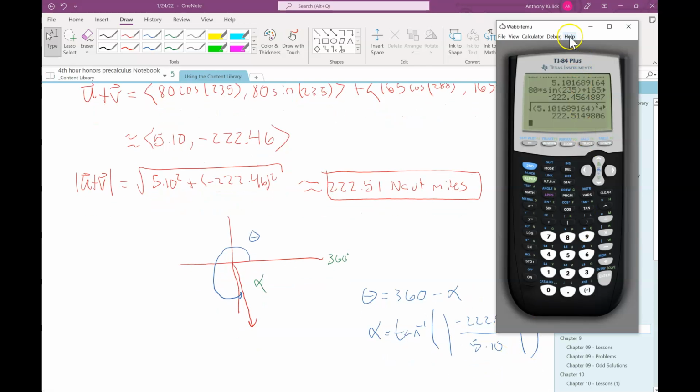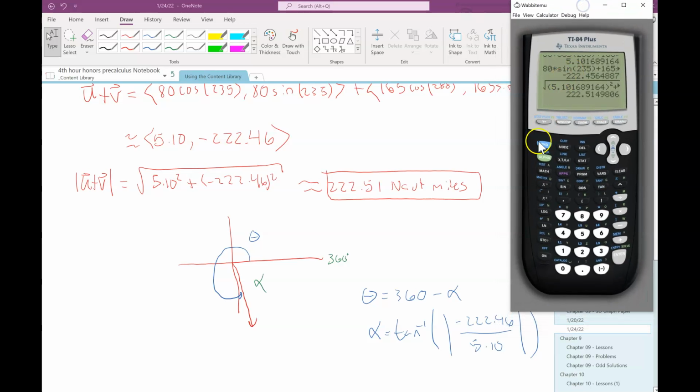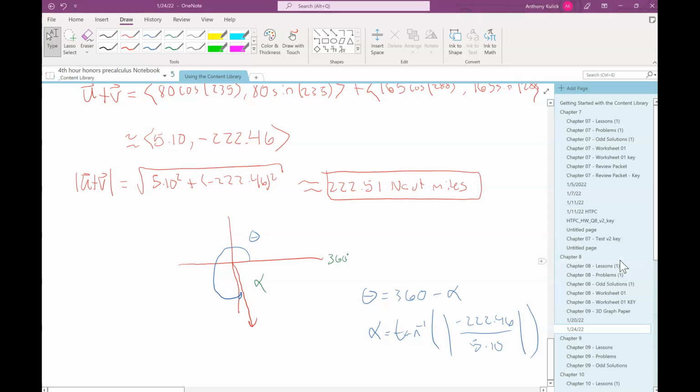So I'll just go to my calculator and type that in. So 360 minus tan inverse, this guy divided by this guy. So when I do that, I get 271.31.